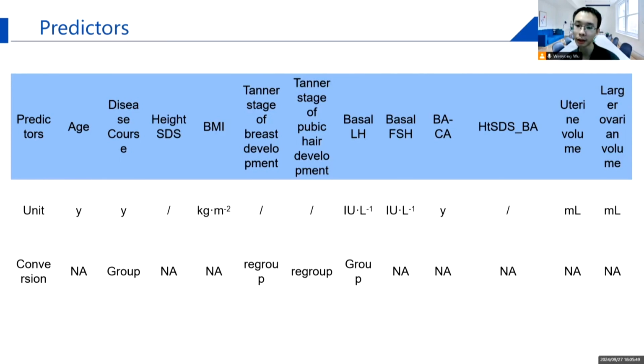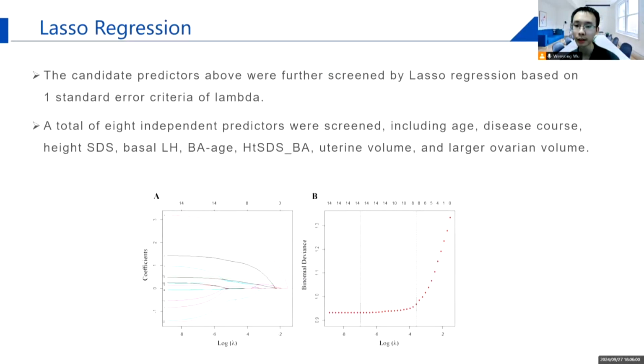As shown in the table, some of the predictors underwent the necessary transformations based on their data distribution. The candidate predictors were further screened by LASSO regression based on the one-standard-error criterion of lambda. A total of 8 independent predictors were selected, including age, disease cause, height SDS, basal LH, bone age minus age, height SDS for bone age, uterine volume, and larger ovarian volume.